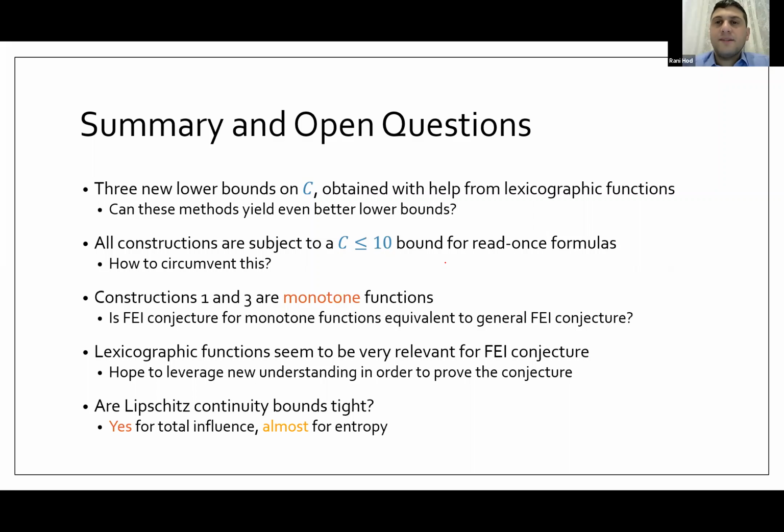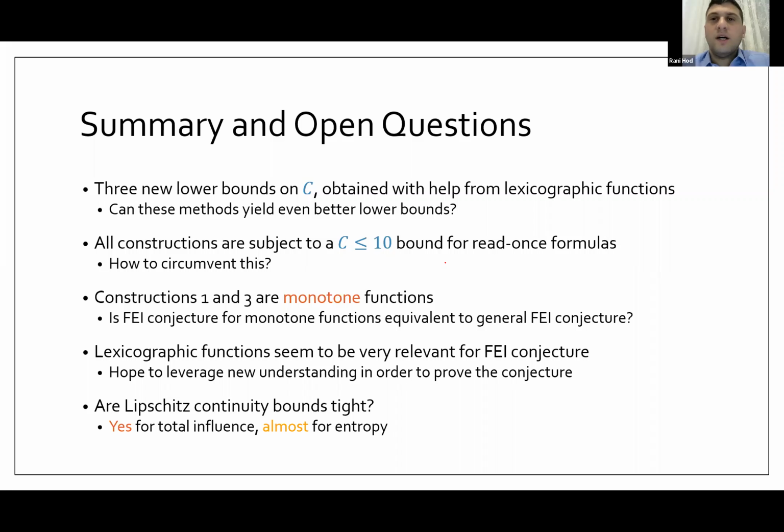Is this the best we could do using lexicographic functions? I'm still not sure. Obviously, we did 3 improvements, so there's a good chance that there's a way to get a 4th improvement. So maybe we could get slightly more using similar methods. We would need some new ideas, but maybe we can improve this a bit.